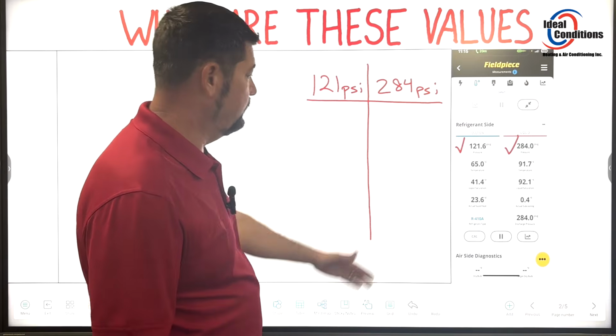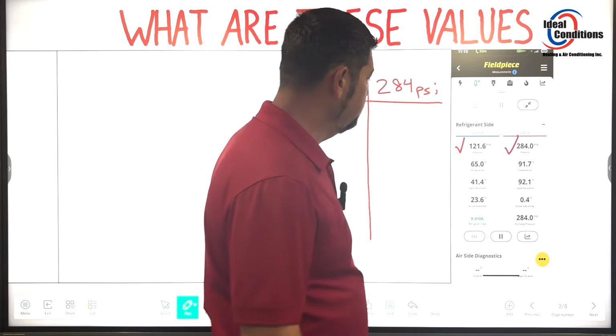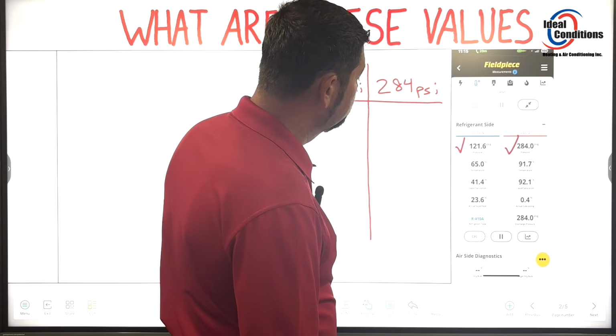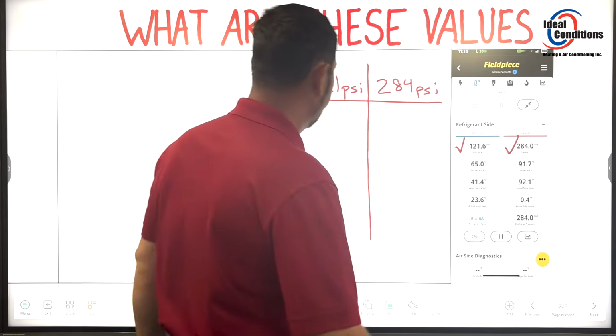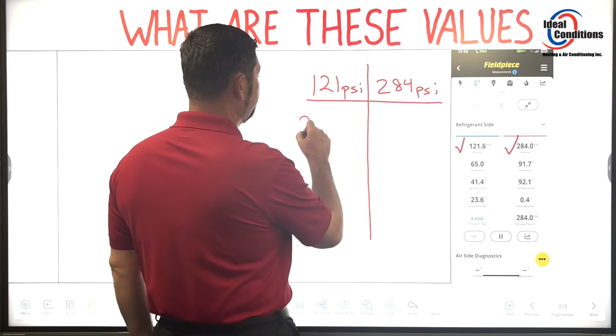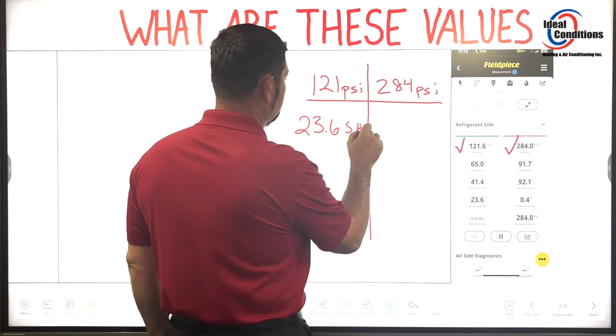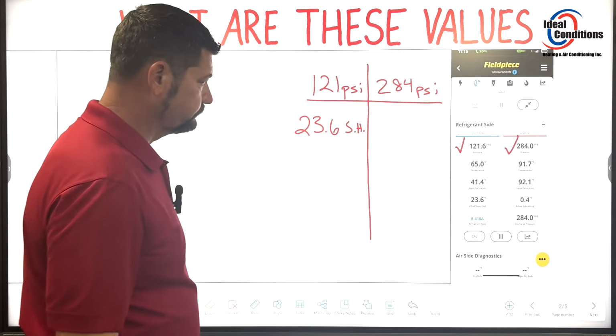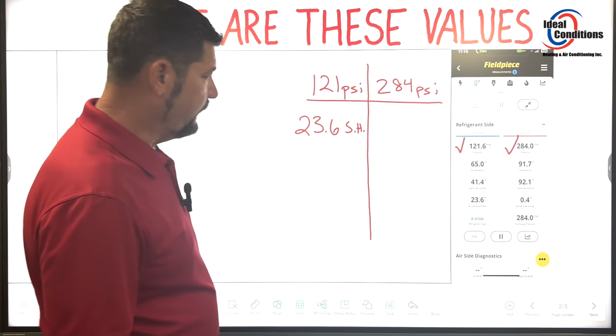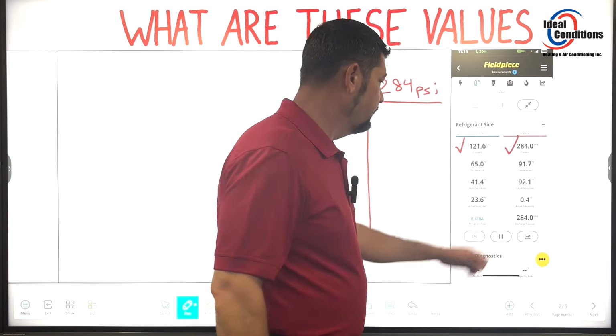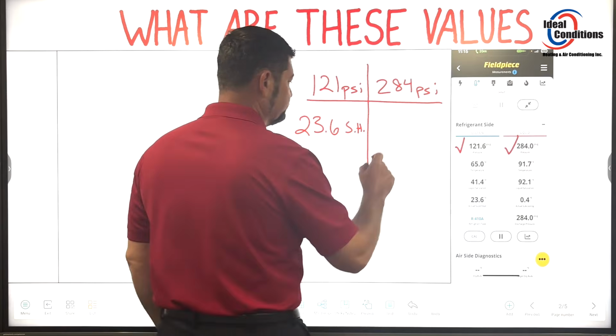What else can I get here? Well, that superheat is 23.6. That subcool is less than a degree.